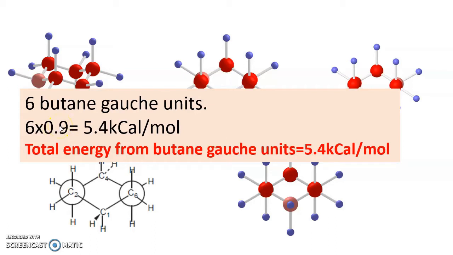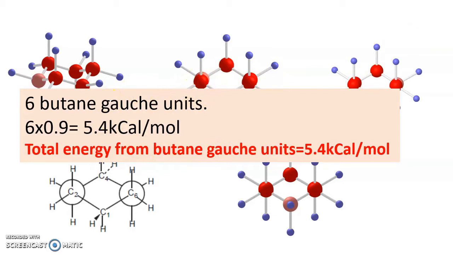So altogether, there will be 5.4 kilocalories per mole of energy more in cyclohexane when compared to the anti-conformer of butane. Okay, so so much will be the energy of cyclohexane, 5.4 kilocalories per mole. That is chair conformation of cyclohexane, and that is due to the 6 butane Gauch units.